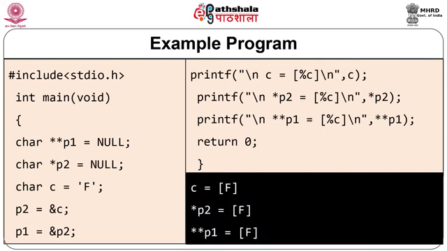If you execute this program, you will find a result like C equal to F. So your character is F. *P2 is F because you are considering a pointer for character F. Then pointer P1 will be P2, correct? Then double pointer P1 means pointer to pointer for character F. Therefore the result is **P1 is F. So your result shows F F F for C, *P2 and **P1.